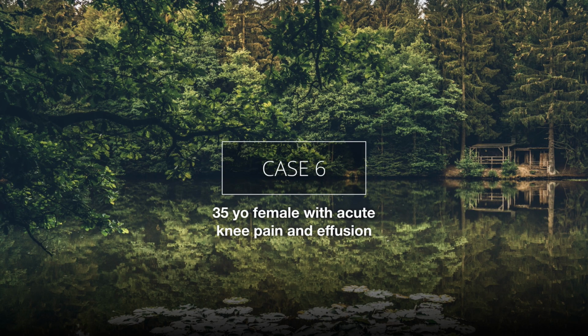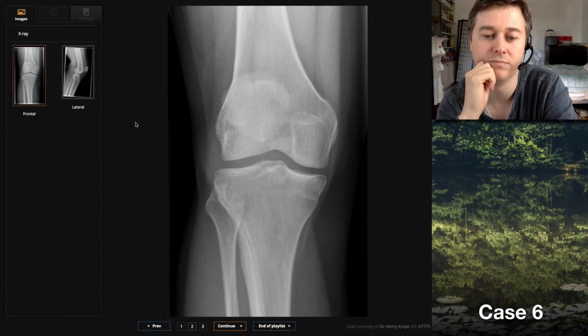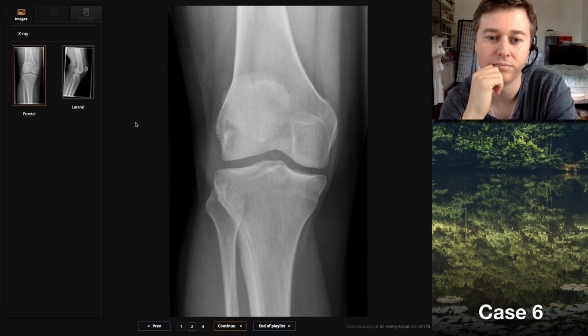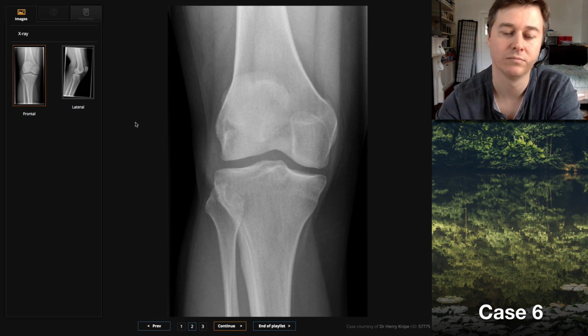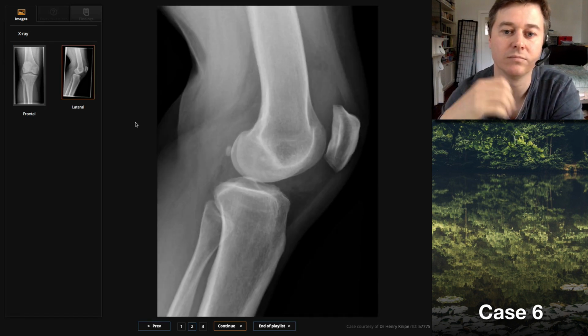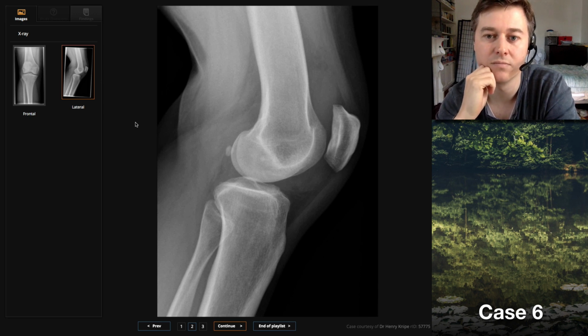Another 35-year-old female with acute knee pain and effusion. So alignment is anatomical, there's possibly some lateralization of the patella, but there's no appreciable acute fracture or abnormality. Have a look at the lateral images to see if there's an effusion.